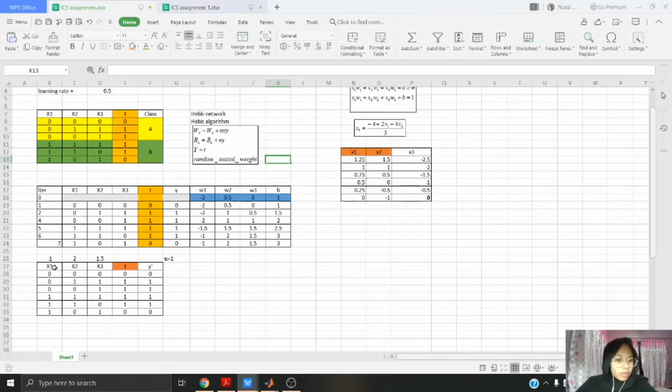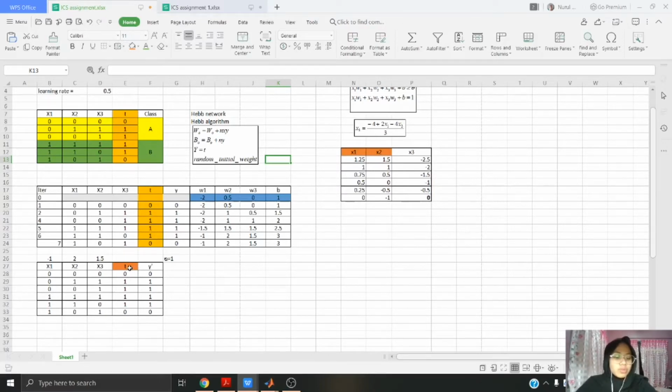When the value of x1 is equal to 0, the value of x2 equals 1, and the value of x3 equals 1, we got t equals to 1. So 2 plus 1.5 is 3.5, right? So the t means that it fired. The t means the target, right? 0 and 1.